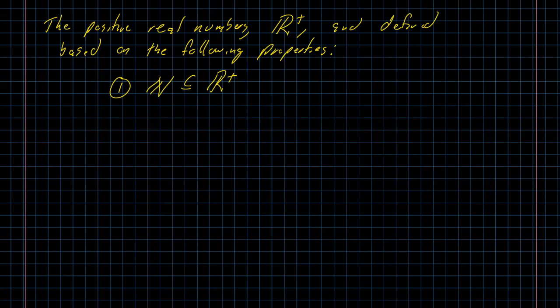The first thing we want to do is make sure that the natural numbers are a subset of the positive real numbers, which makes sense, right? That's kind of how you usually think of positive numbers.